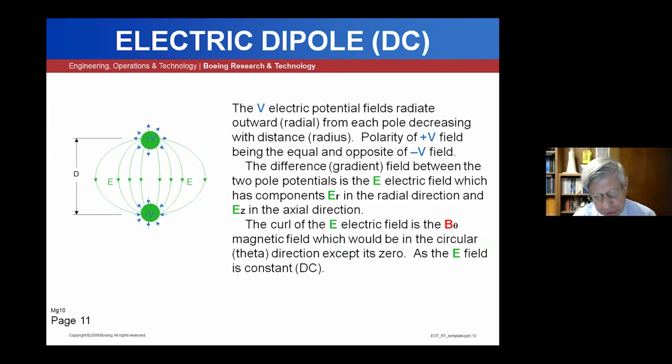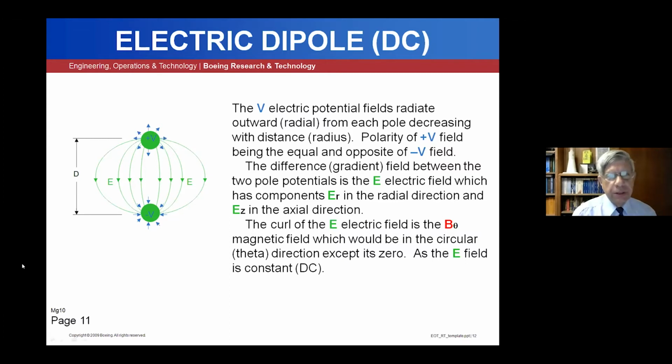And then, of course, at close range, the two electric potentials interact, causing a difference. In mathematical terms, that's a gradient. And we'll get into the details of that. As the system is DC, there's no magnetic field generated.